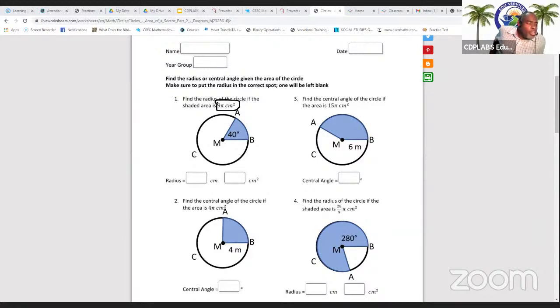All right. You want to find the radius for number one. Use the circle that you have in front of you, or you could devise a method to find the radius for number one.